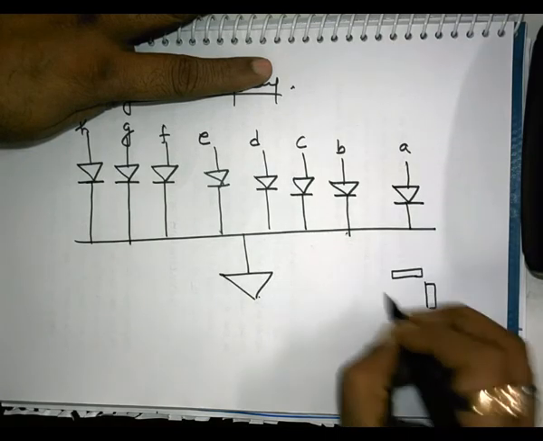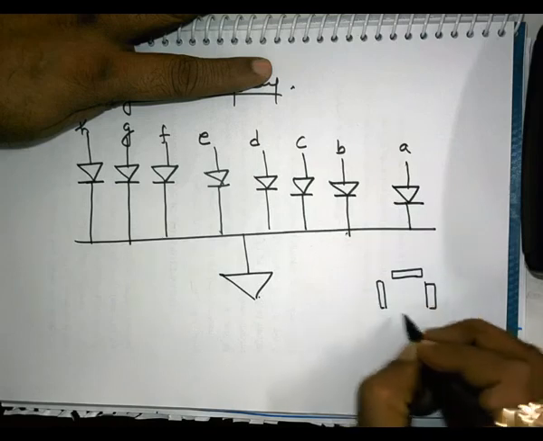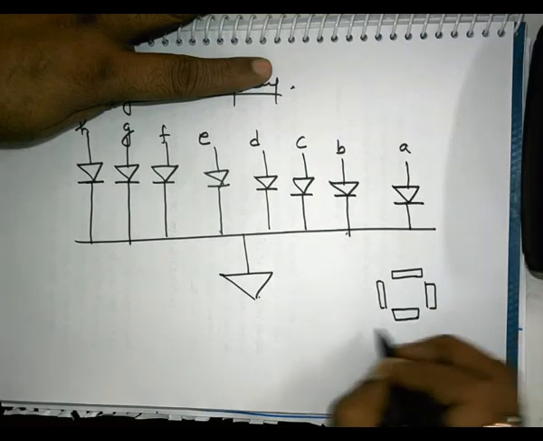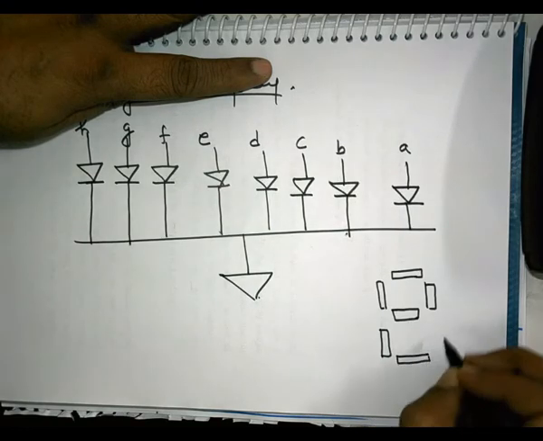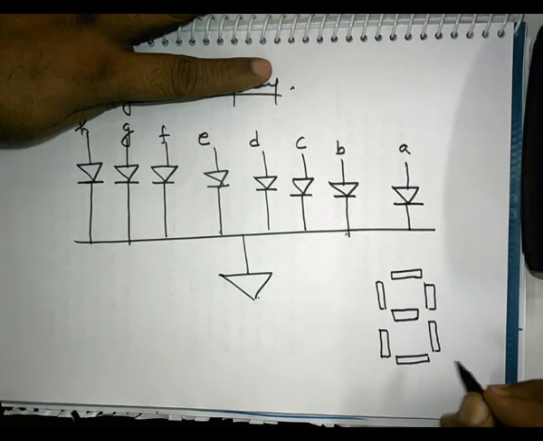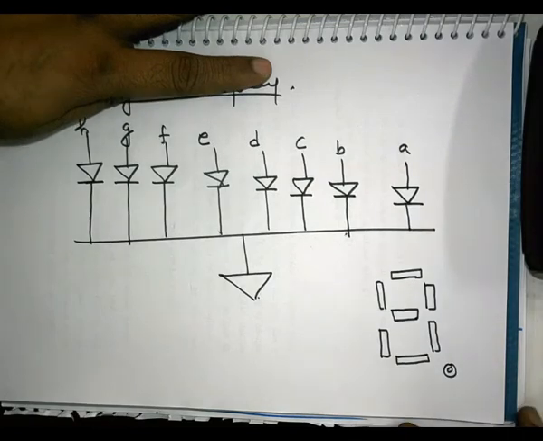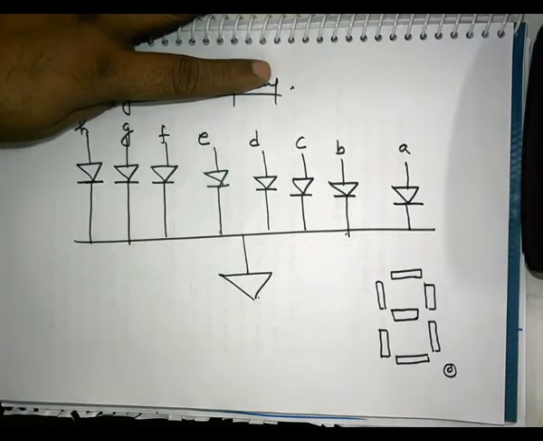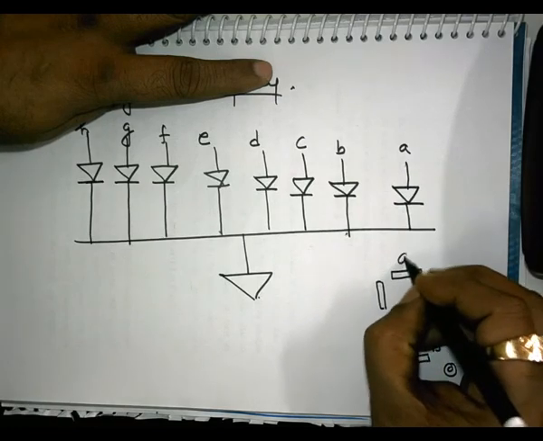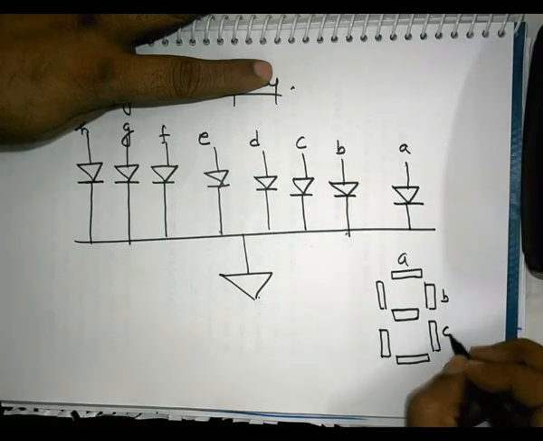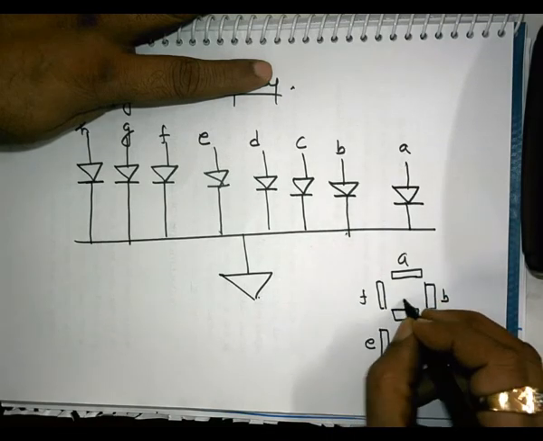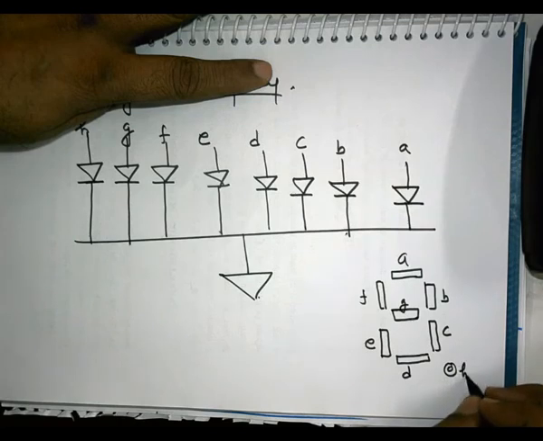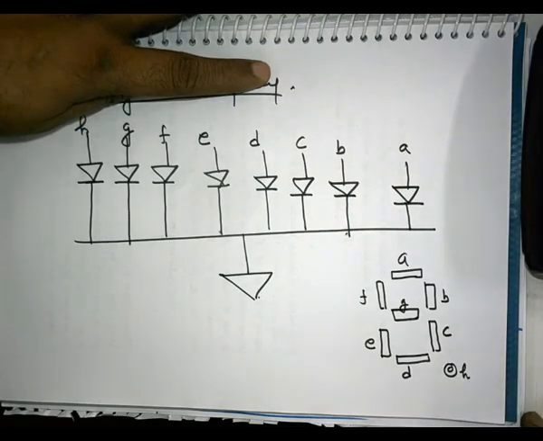If you see the 7 segment display, it appears something like this. Got the point? It appears something like this. This segment is called A, this is B, this is C, this is D, this is E, this is F, and this segment is called G, and this segment I am saying to be H. Okay.